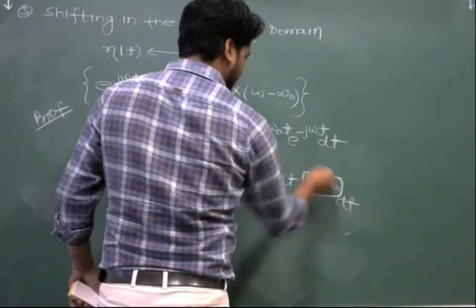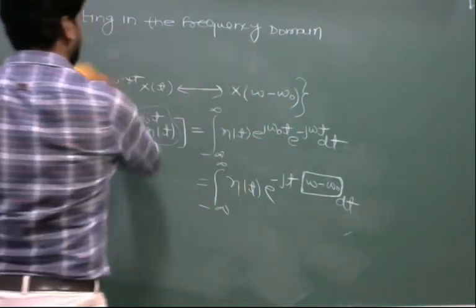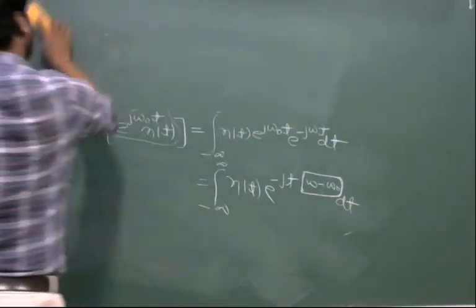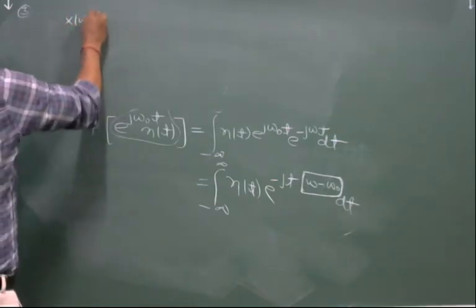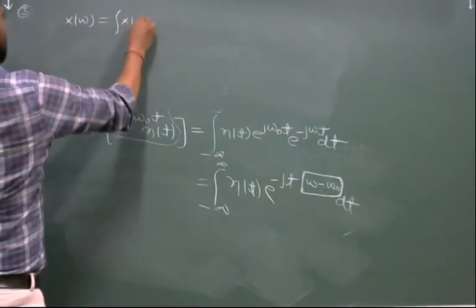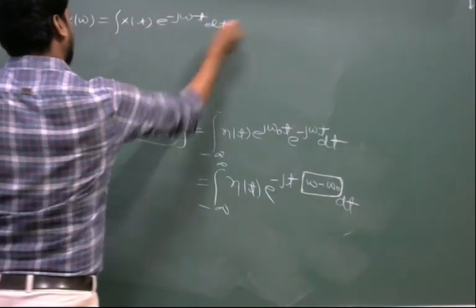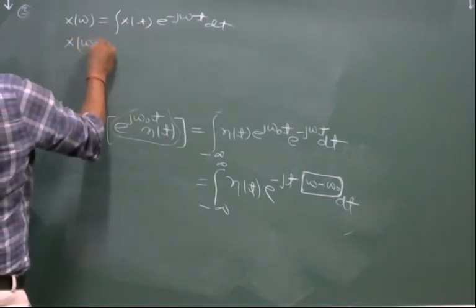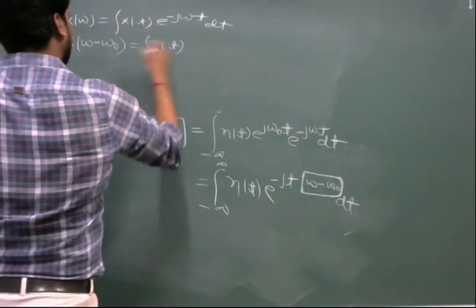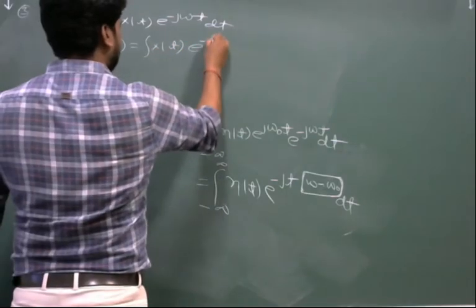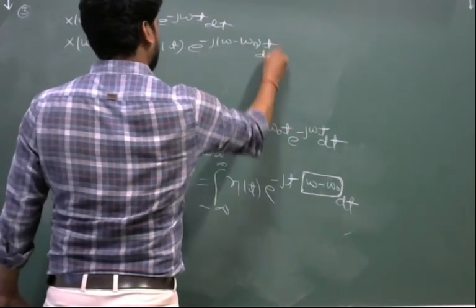Means if x of omega is equal to, we know the formula for the Fourier transform, means the signal x of omega is written as integration of xt e power minus j omega t dt. Then the signal x of omega minus omega naught will be written as integration of xt, in place of omega, I will write e power minus j omega minus omega naught t dt.